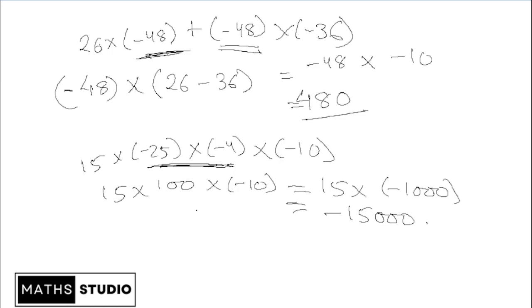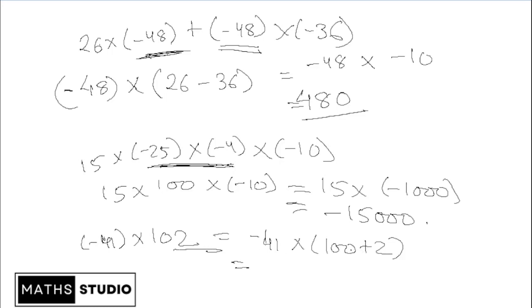Okay. So let us look at another question. Minus 41 into 102. How do we multiply so that things become easy? Minus 41 into 100 plus 2. We have broken up 102 as 100 plus 2, and finally what we will get?